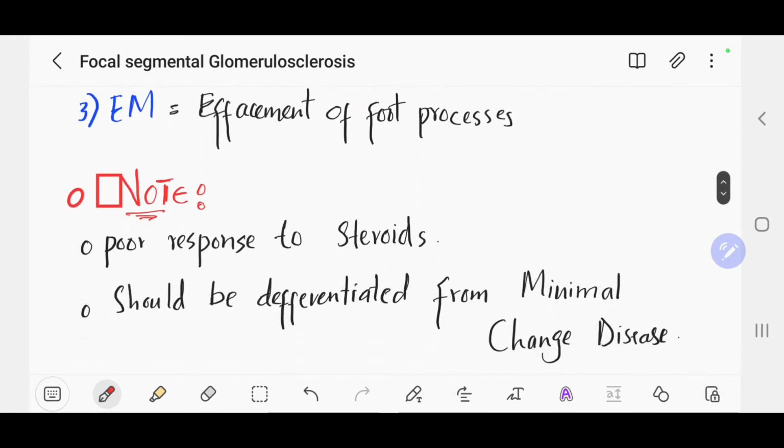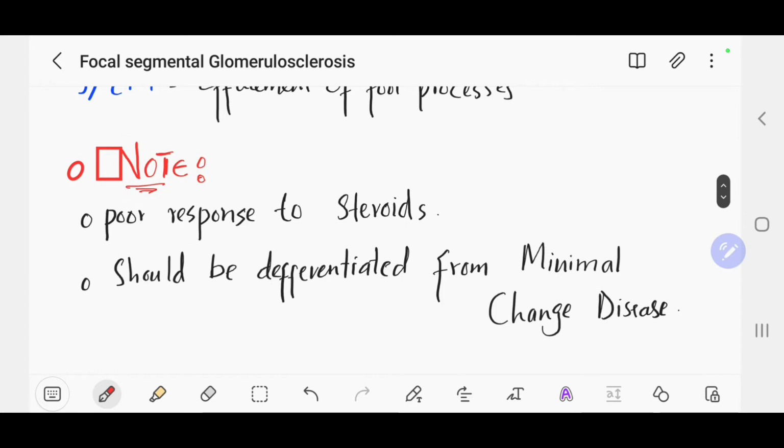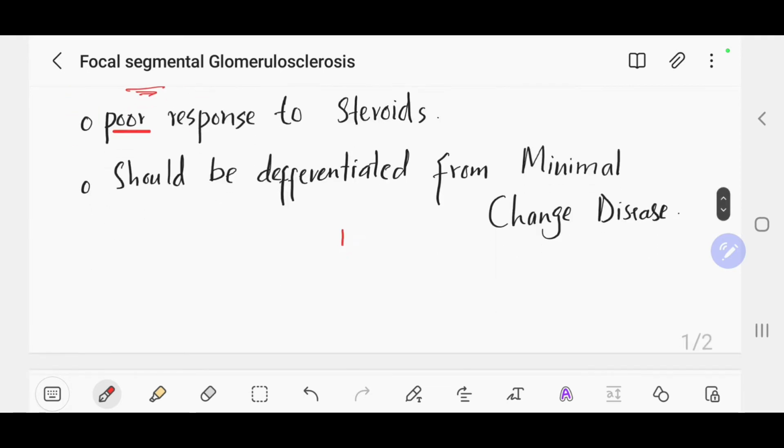Okay, the next is a note. Focal segmental glomerulosclerosis gives a poor response to steroids, and it should be differentiated from minimal change disease. So let's differentiate this. The first one is minimal change disease and the other is focal segmental glomerulosclerosis. Minimal change disease gives a good response to steroids, and this gives a poor response.